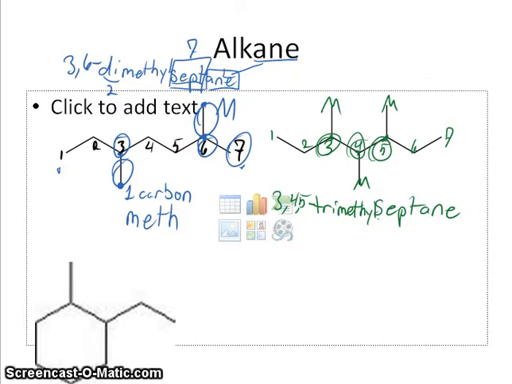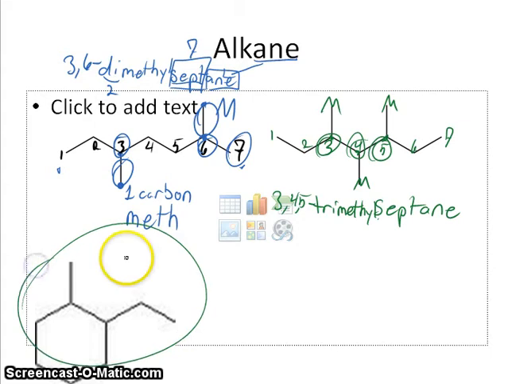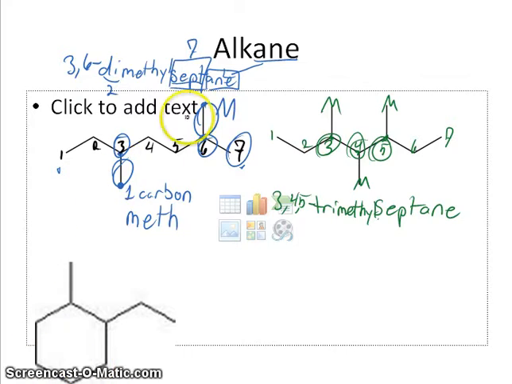Now for this big thing over here, we're going to name this differently, mostly because it's not lines like these up here. First off, you have to determine what shape it is. You can clearly see that it's a ring shape. Because it's a ring, you automatically know it's going to have cyclo in it.